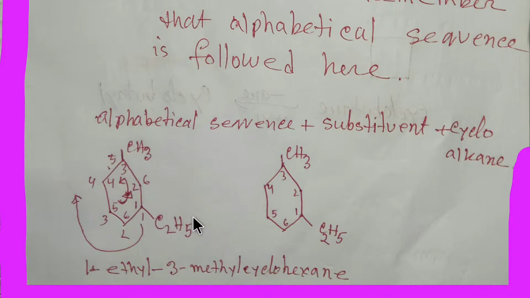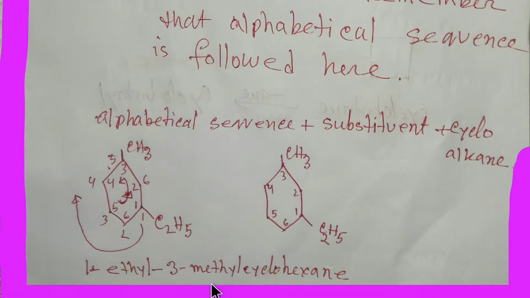So in alphabetical order, A, B, C, D, E, F, G, H, I, J, K, L, M, N, O. The position of ethyl, that is E, is before M, methyl. So we have to write the position of the ethyl group first, since we are considering the alphabetical order. So this is 1-ethyl-3-methyl, cyclohexane.